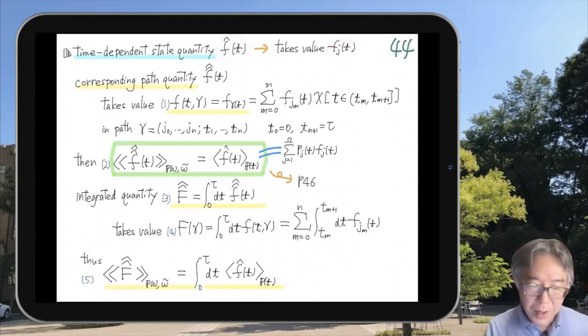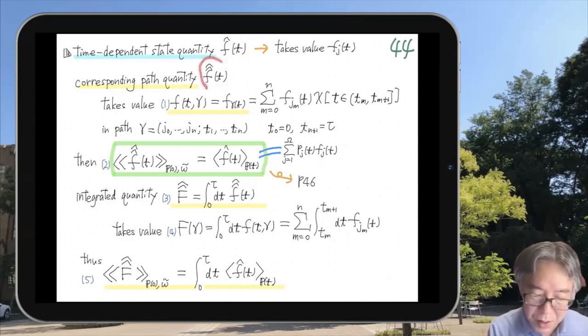Now we want to consider this thing, which is the path quantity that corresponds to this state quantity. How do you define this? Well, this is almost trivial. We want to define the same thing as a function of a path. t is fixed.